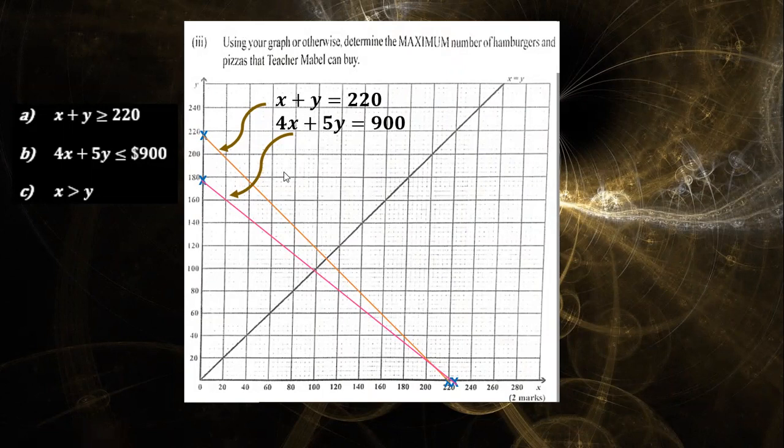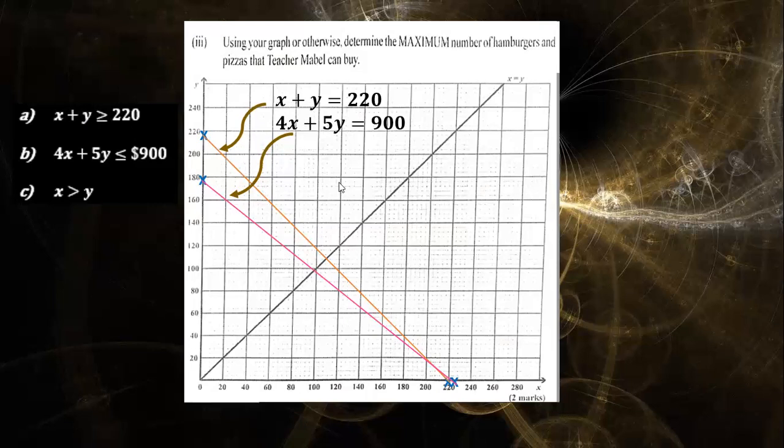So let's continue. Let's examine part E. It says x plus y is greater than or equal to 220. This means this is the line x plus y equals 220. So if I want to shade x plus y greater than or equal to 220, I'm going to overwrite this line in red, but I must shade greater than 220.